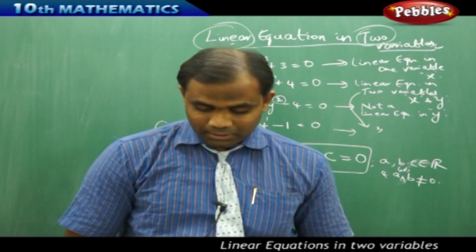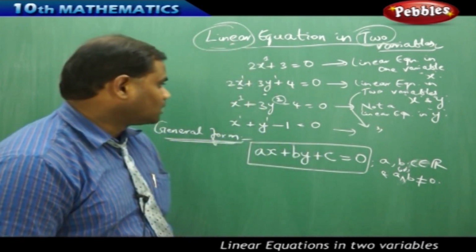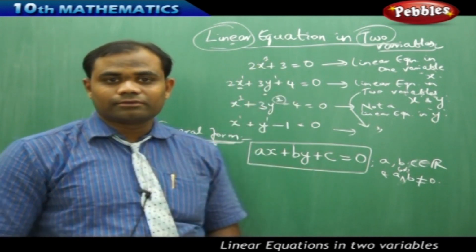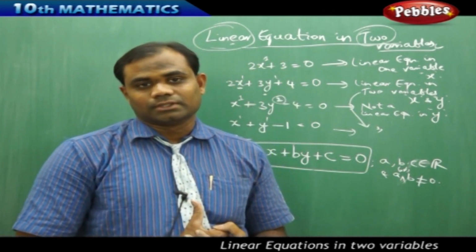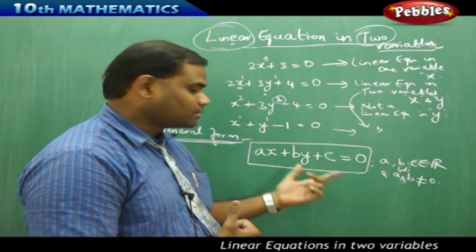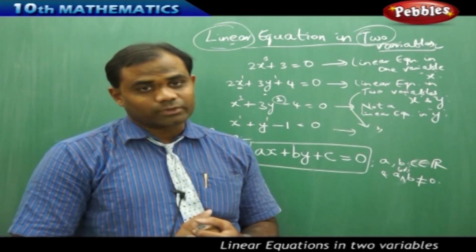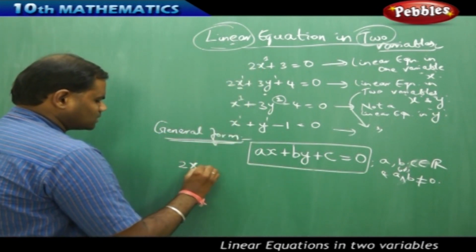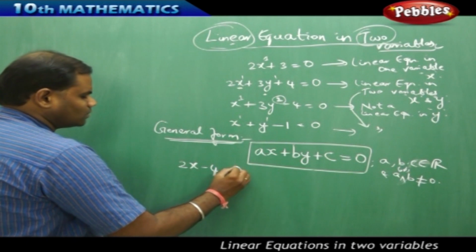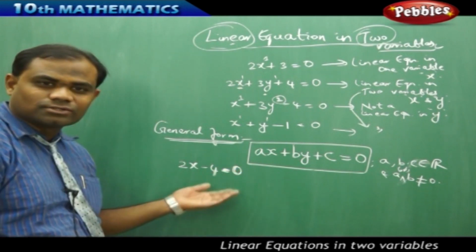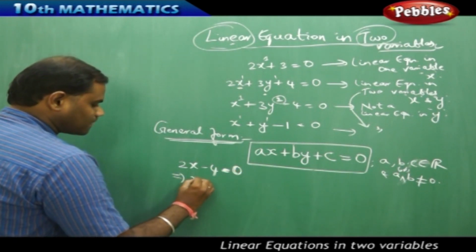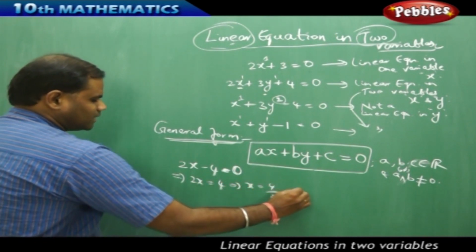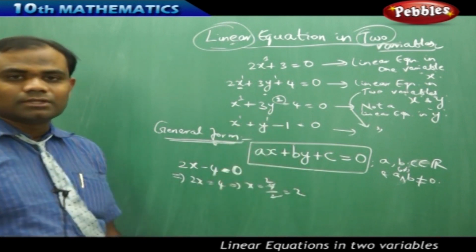Say for example, if I have a linear equation, I consider the power as 1. Therefore, every linear equation has only one solution. But because the linear equation here is with two variables, now the question comes. If I had a linear equation in one variable as 2x minus 4 equal to 0, then it's easy to find the solution because immediately I can get 2x equal to 4, which implies x is 2.